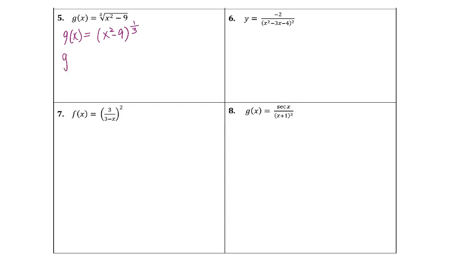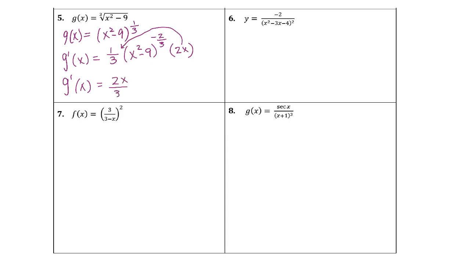So g prime at x is going to be 1/3 times x squared minus 9, all raised to the negative 2/3 times the derivative of the inside. And again, putting this together to match an answer choice that you would have, these would be put together. So we're going to have 2x over 3 times x squared minus 9 to the negative 2/3.